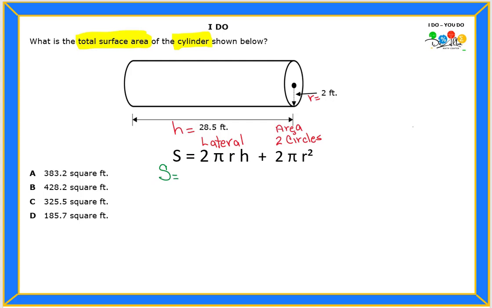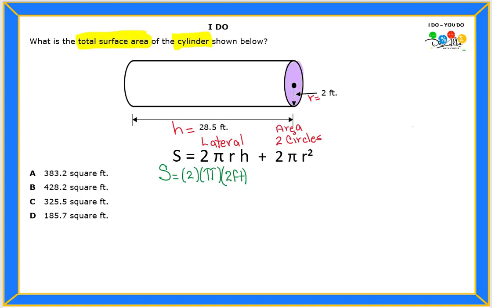So I'm going to say S equals parentheses 2. Next to the 2, it's a pi. Bring it down. Then I have the radius, which I know as 2 feet. And then the height. Now remember, the height is the distance between the 2 bases. So maybe I'm going to highlight the 2 bases.